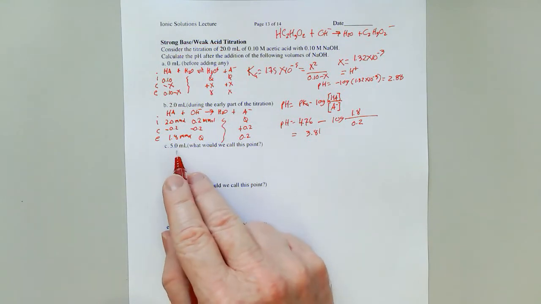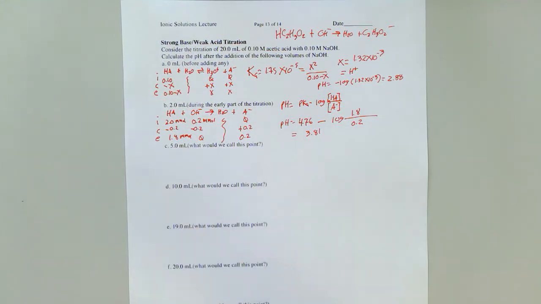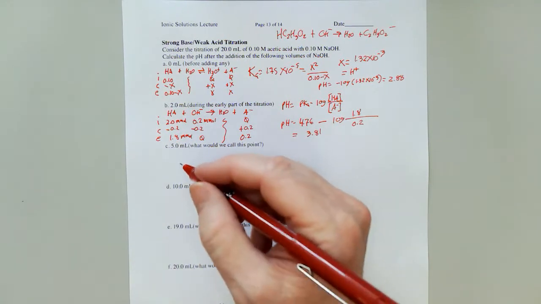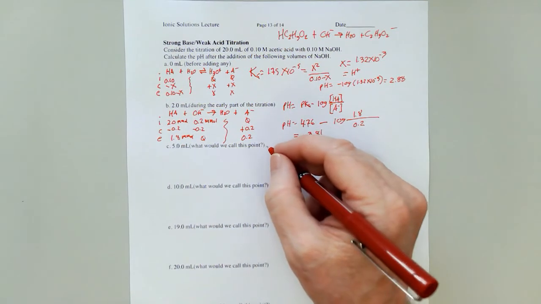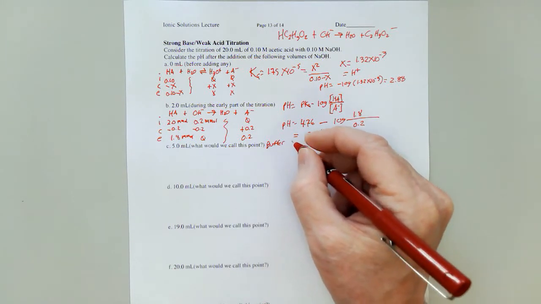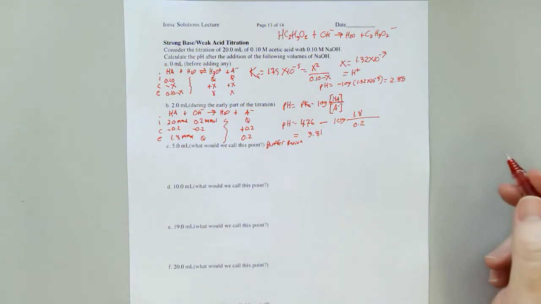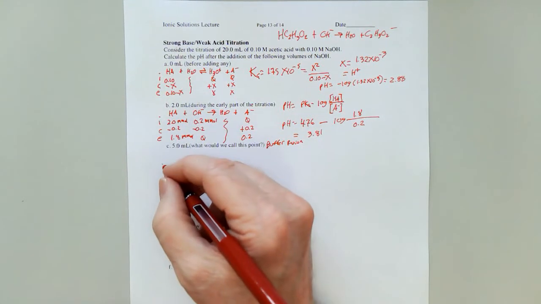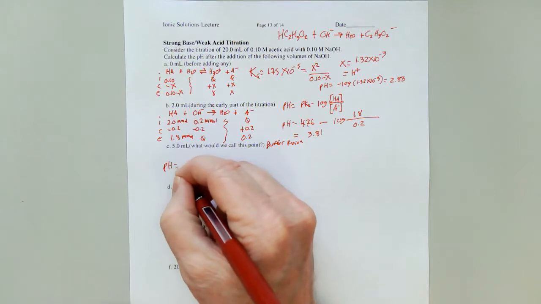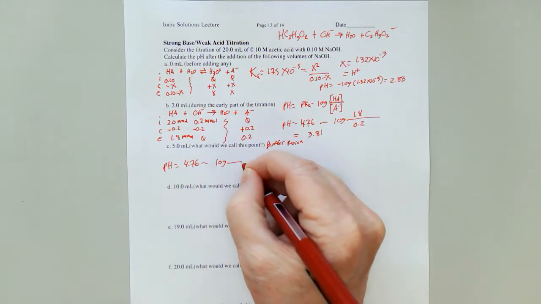Now what happens after I've added 5 milliliters? Well, adding 2 milliliters, I went up by a whole pH point. We have to remember, it starts to buffer after I've added some here. This is in the buffer region. So now pH equals 4.76 minus the log.